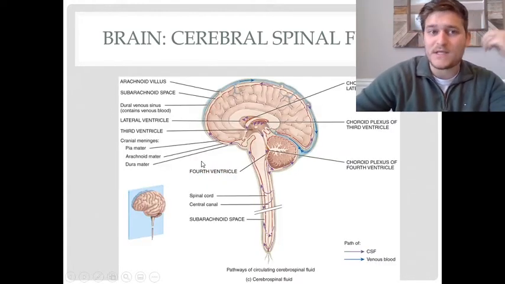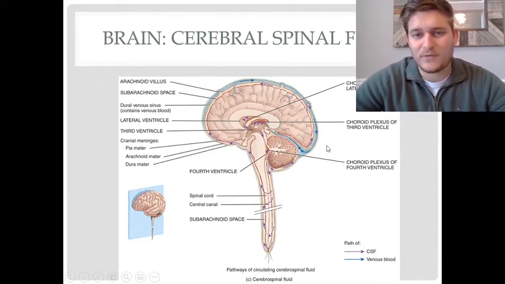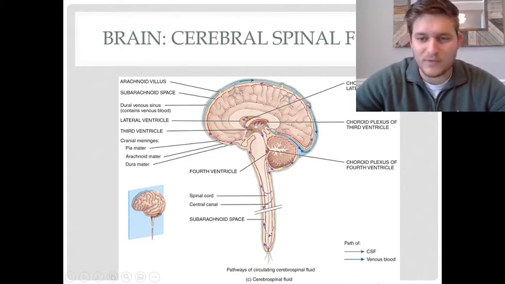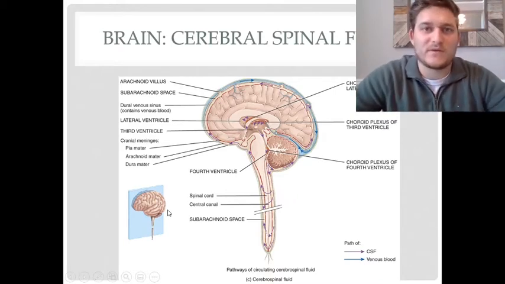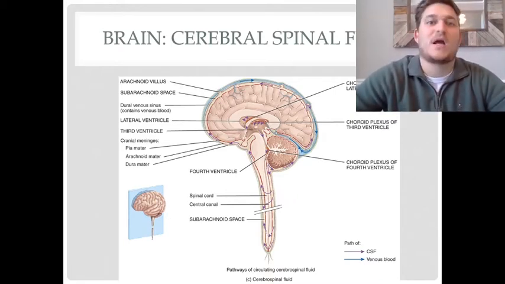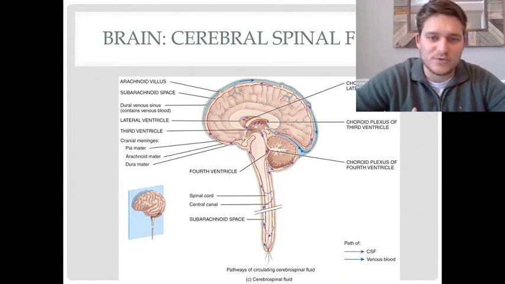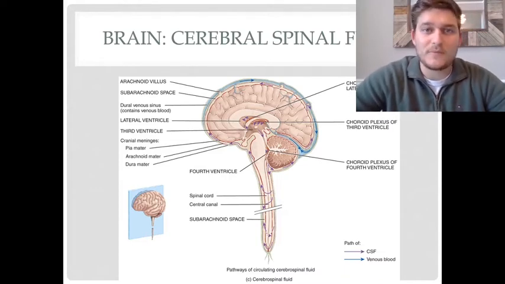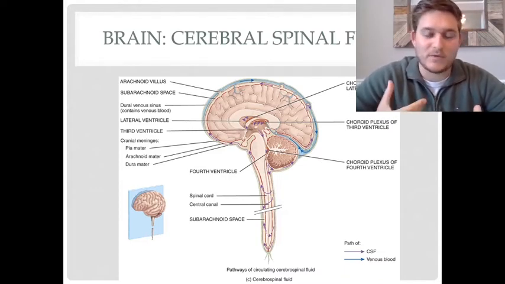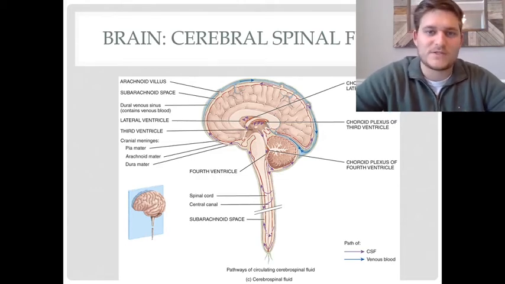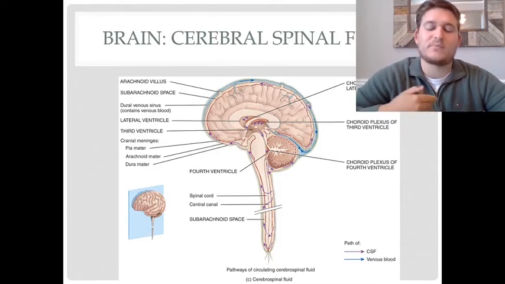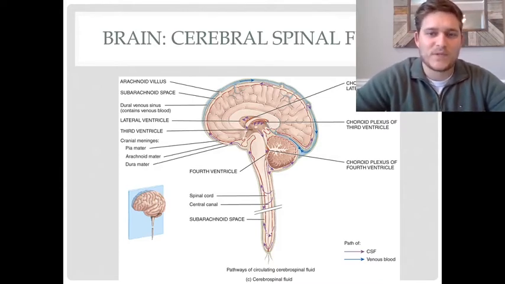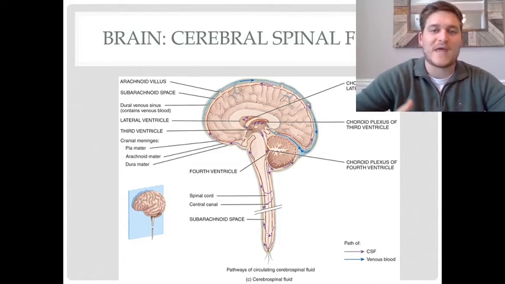What you see is that this fluid runs parallel along with venous blood, and the function of the fluid is, one, to serve as protection, like a shock absorber for our central nervous system. Two, it helps to maintain the optimal chemical environment for that nervous tissue. And then three, it's going to play a role in exchanging the nutrients and the wastes from the blood to that nervous tissue.